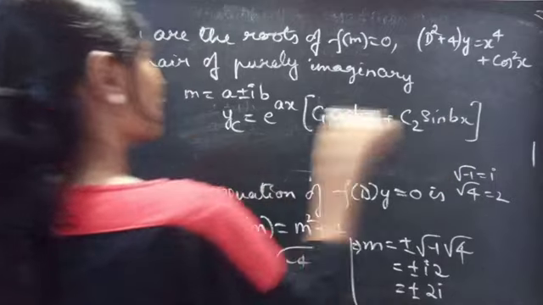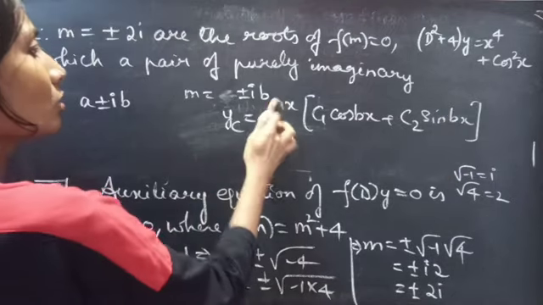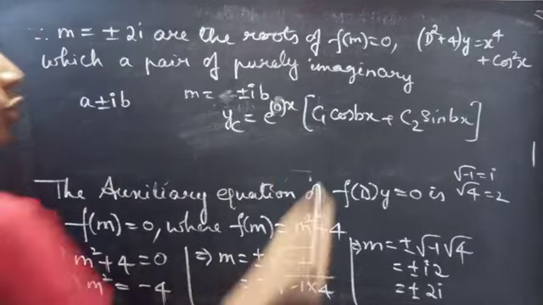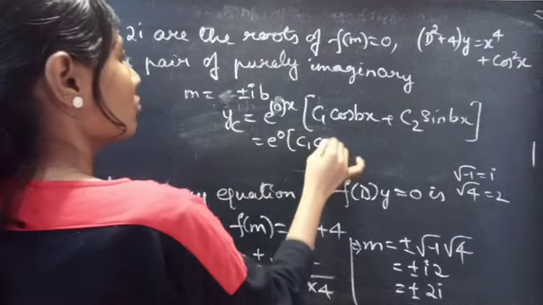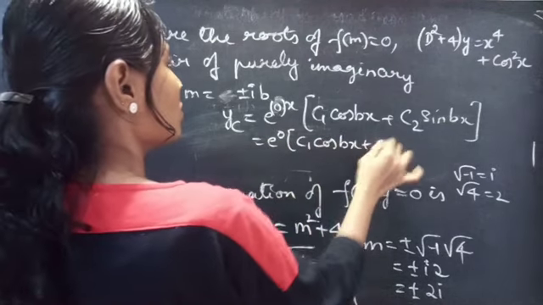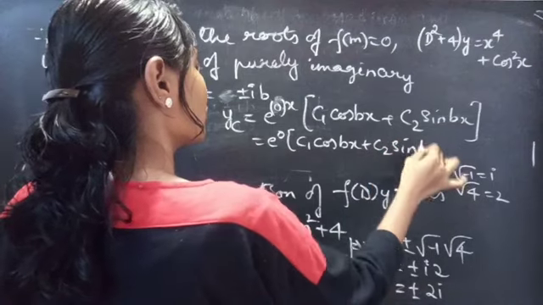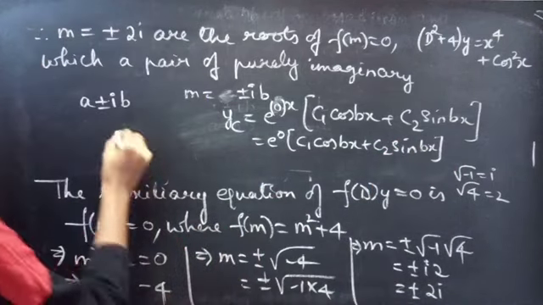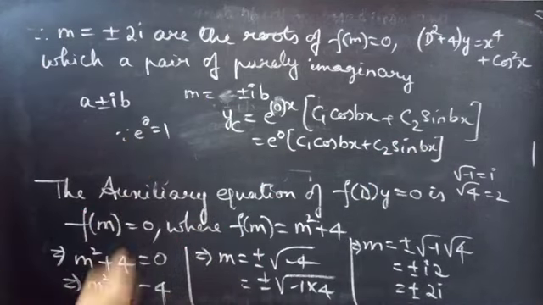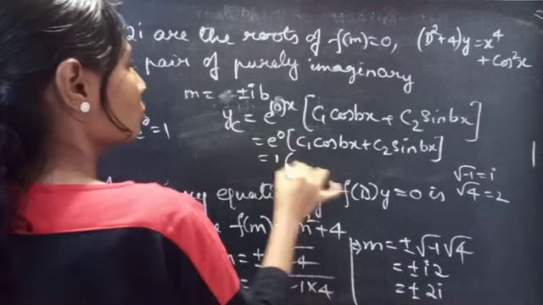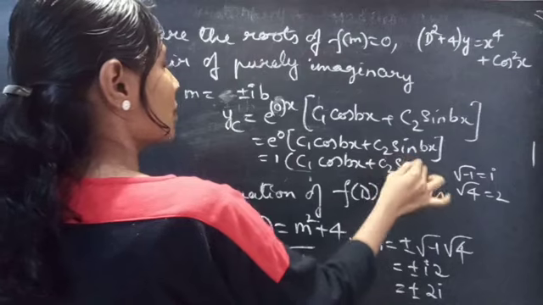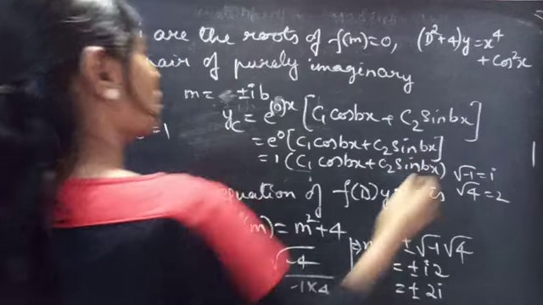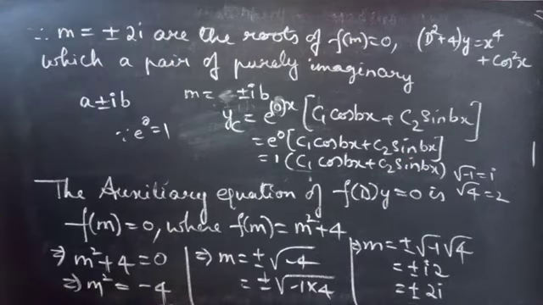In case a is 0, you will get e power 0 into x, which is e power 0 into (c1 cos bx plus c2 sin bx). Since we know that e power 0 is 1, we'll get 1 into (c1 cos bx plus c2 sin bx).